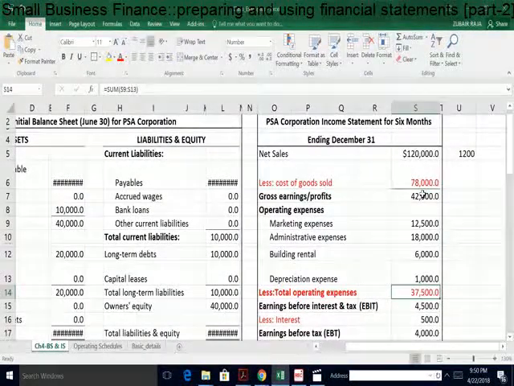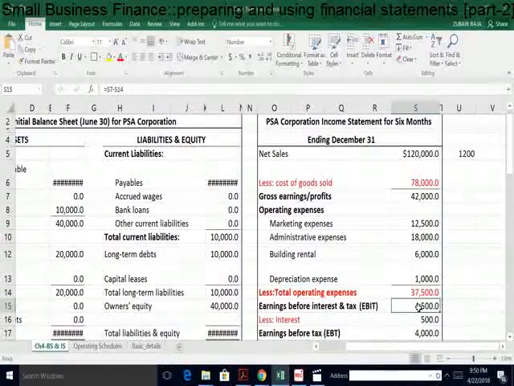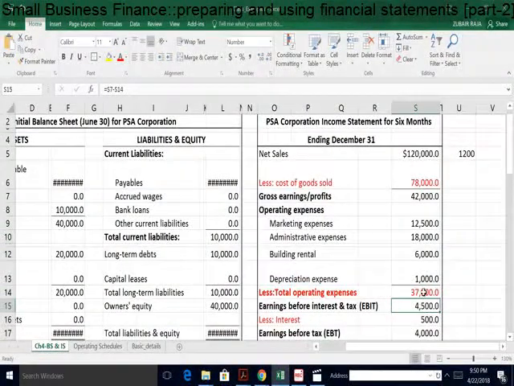Now if you subtract this 37,500 from the gross profit, you will get EBIT, which is also called earning before interest and tax. So look over here, I'm subtracting this cell, which is S14, from S7. S7 is this cell, right?